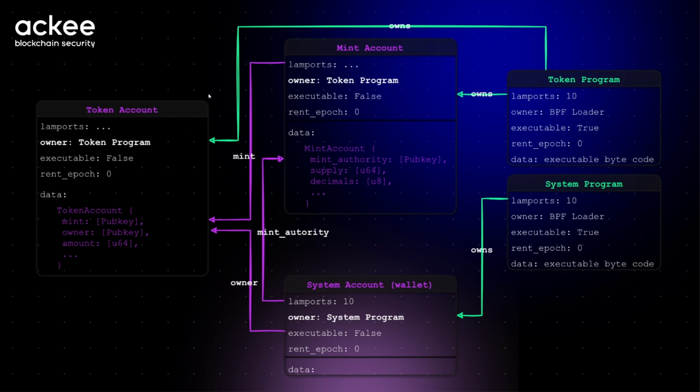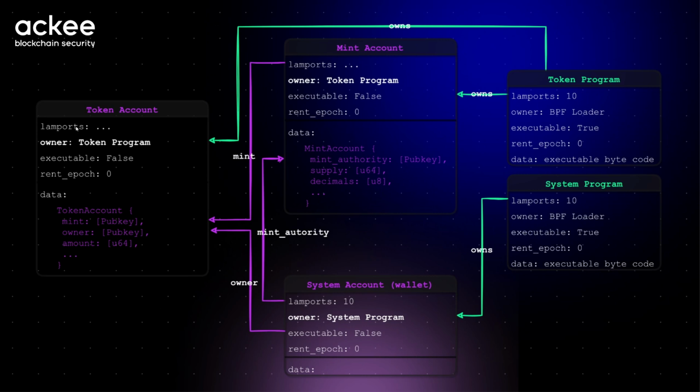For that purpose, you need an account whose name is token account. So the mint account holds information about the particular token, and the token account is used as something like a vault to hold the tokens. The fields here are basically the same as for the mint account.